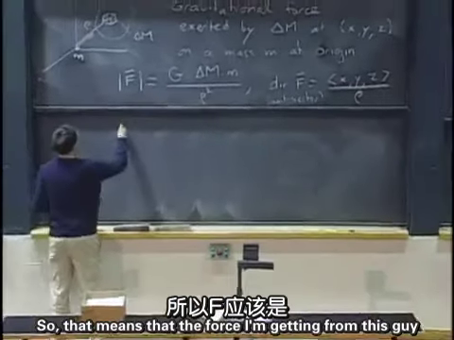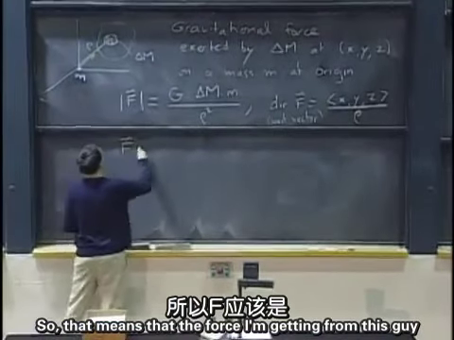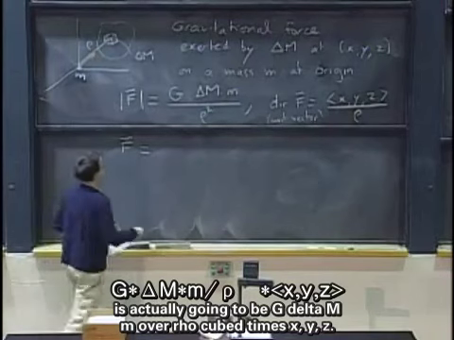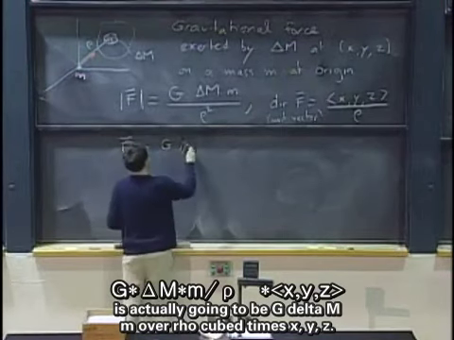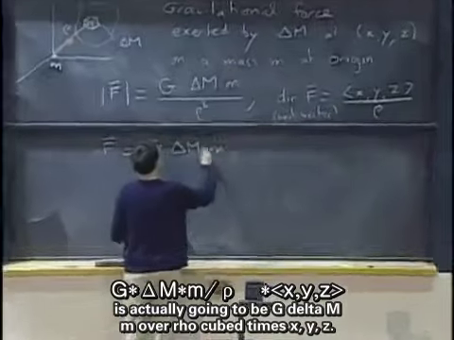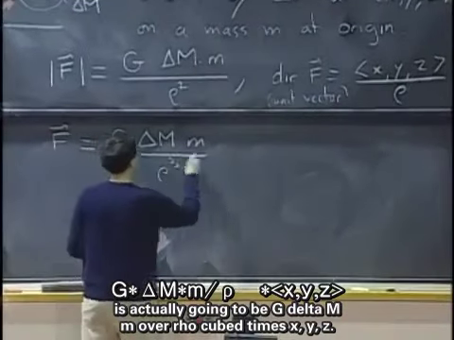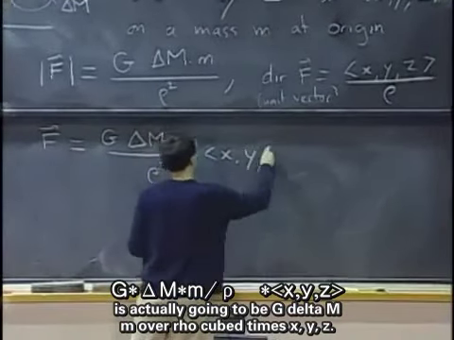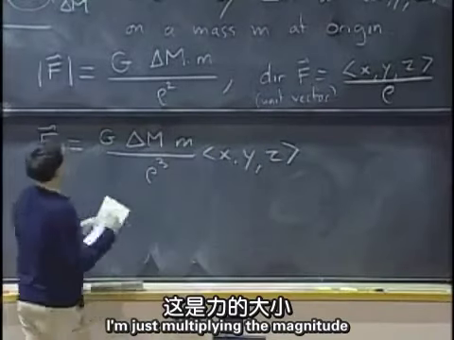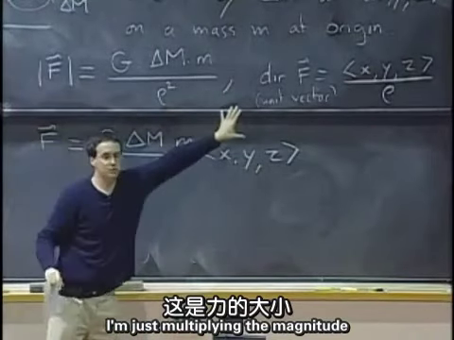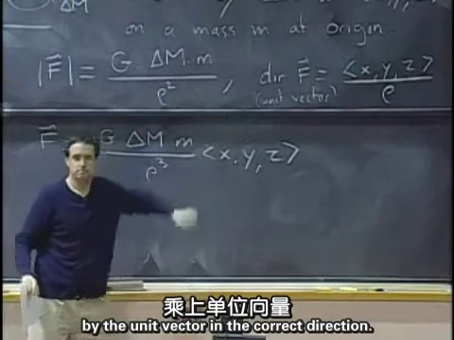So that means that the force I'm getting from this guy is actually going to be g delta m m over rho cubed times xyz. I'm just multiplying the magnitude by the unit vector in the correct direction.